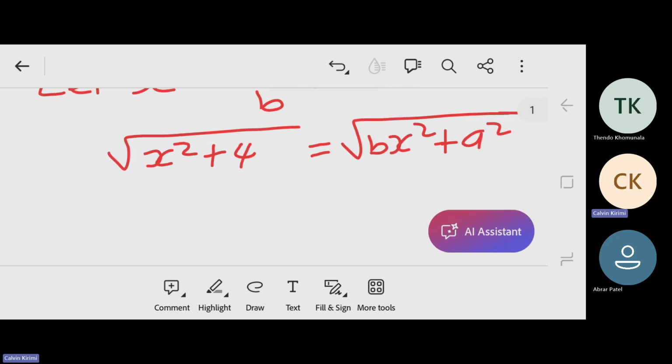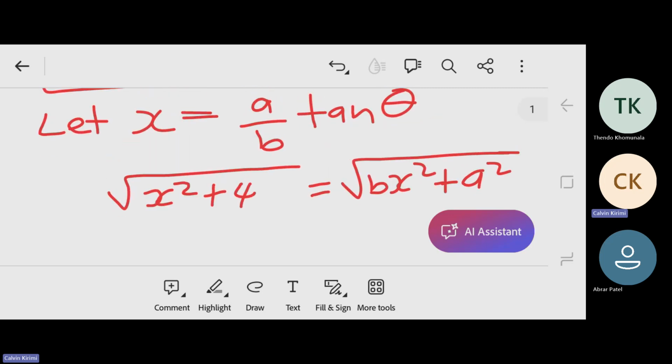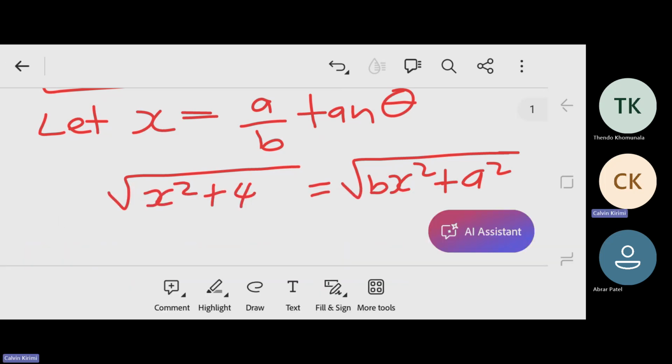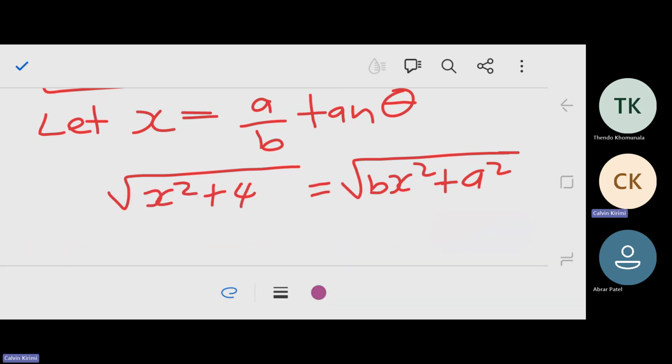So in our situation, you can see that the coefficient of b x squared here is 1. The coefficient there is 1. But you don't normally write 1 times. So in other words, you already know that b is equal to 1.